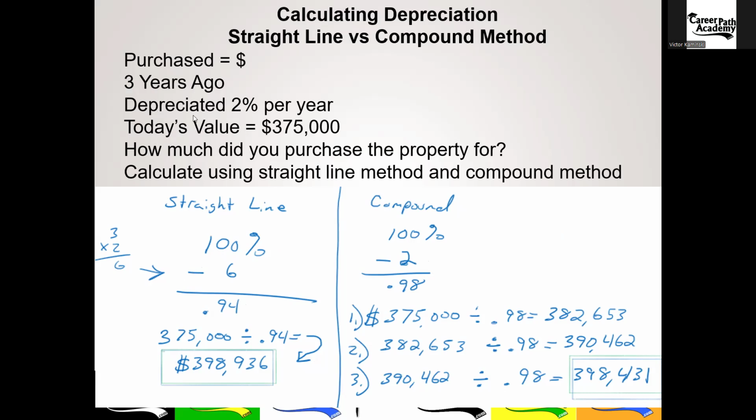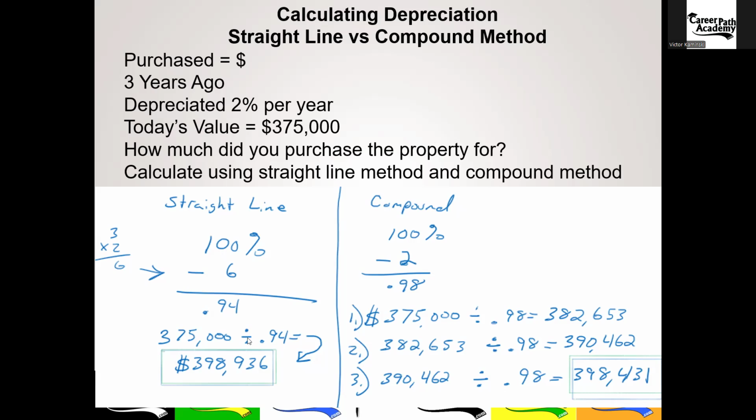If it appreciated, you still divide when you're trying to figure out a number in the past. And you multiply if you're trying to figure out a current or future value. So whether you multiply or divide is only to figure out the past value or current value.